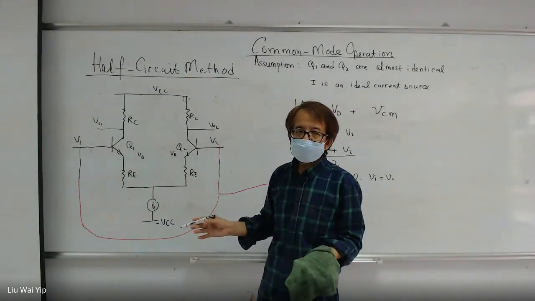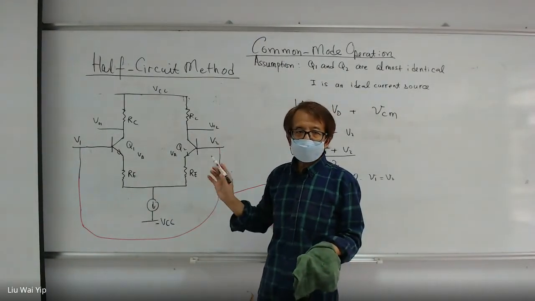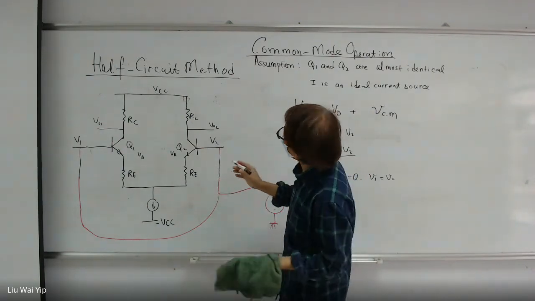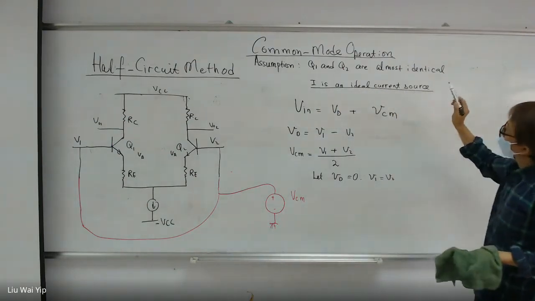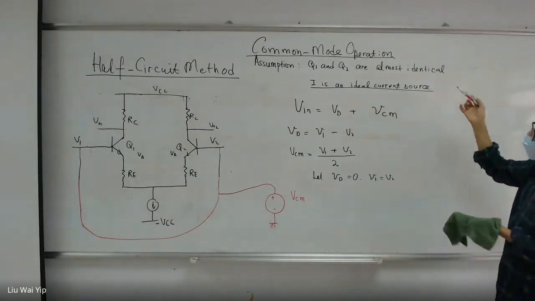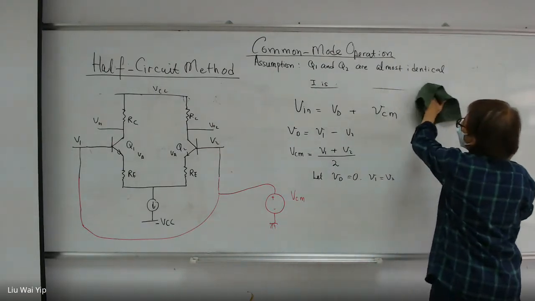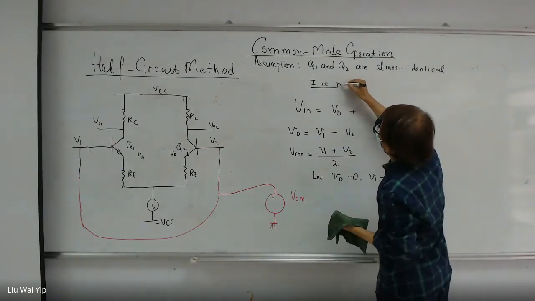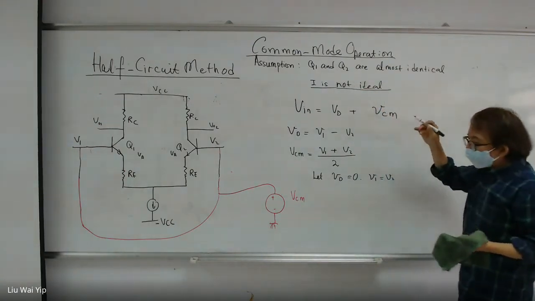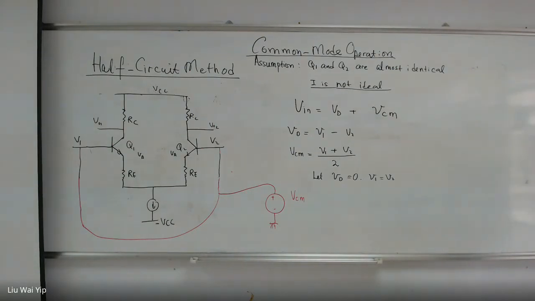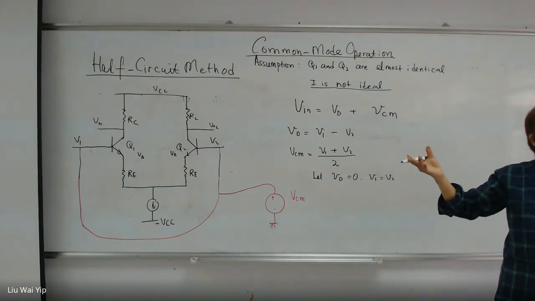Now, I have also told you why this circuit can be cut into two halves. Before doing this, let me just explain to you. There is some problem because we have an assumption here. I is not ideal. An ideal current source should have what? What is the ideal current source? The ideal current source is the current source that has infinite impedance.